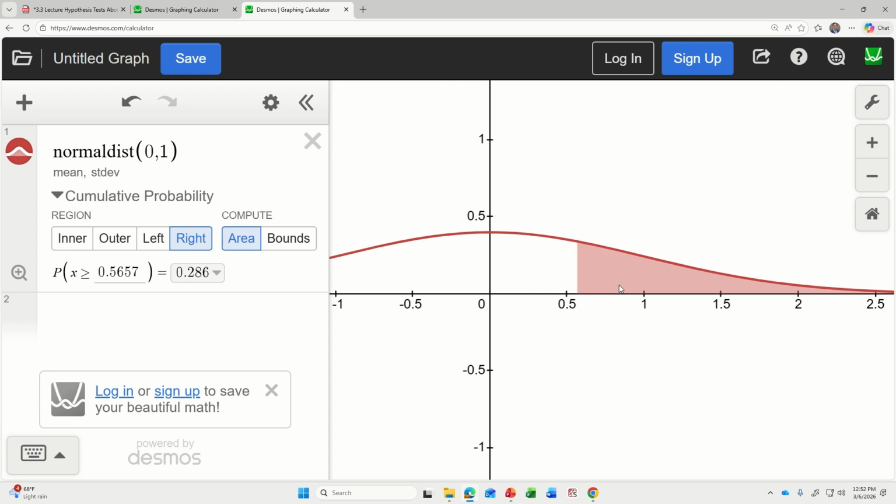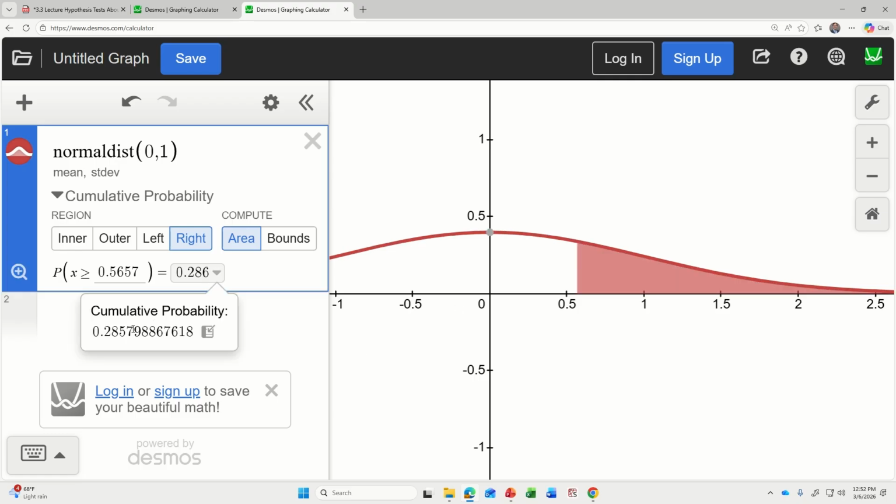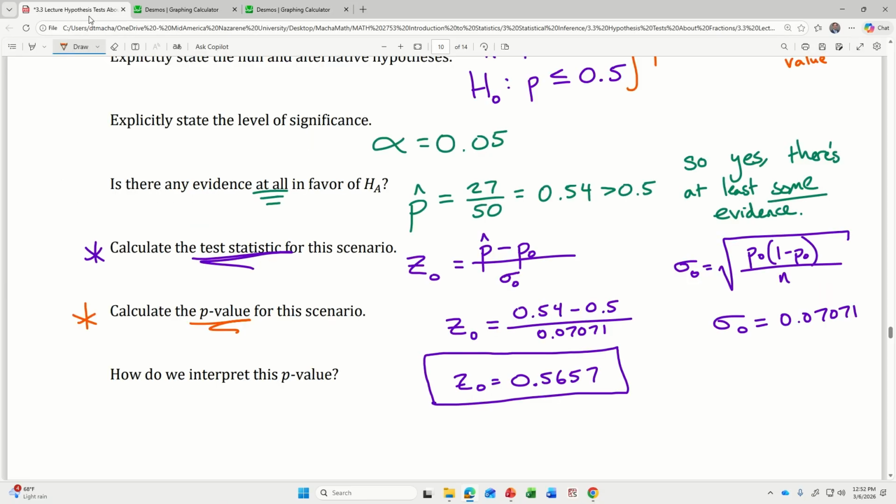But the probability that 27 or more make it into my sample of 50 is going to be represented by this red shaded area right here. So this probability, this red shaded area, is my p-value that I've been trying to calculate. In other words, my p-value is 0.2858.